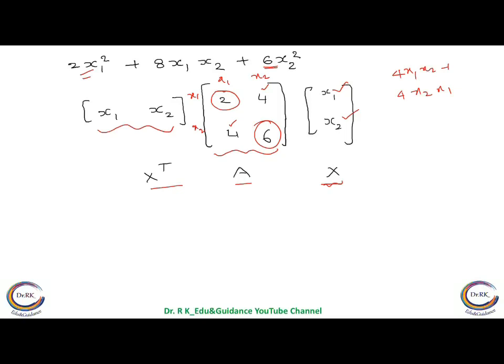So 4 comes here, 4 comes here. We have to make it half and distribute in the respective positions. This is the matrix form of a quadratic form, which is in general x transpose Ax, where A is a symmetric matrix.